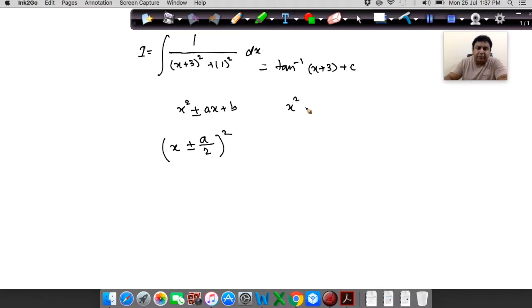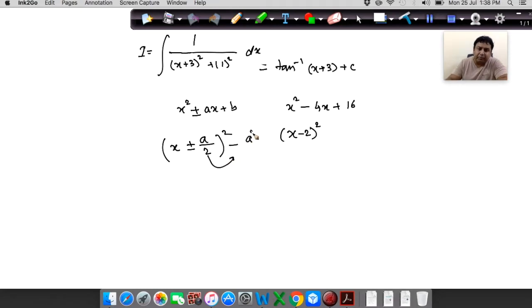Like suppose I have got x square minus 4x plus something. So what I'll do, I'll see the coefficient of x here is minus 4, and minus 4 upon 2 is minus 2. So we'll directly do (x - 2) whole square. Then the square of this number should be subtracted, always subtracted outside.